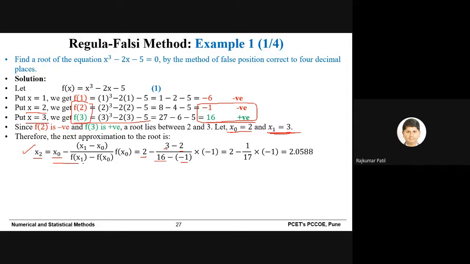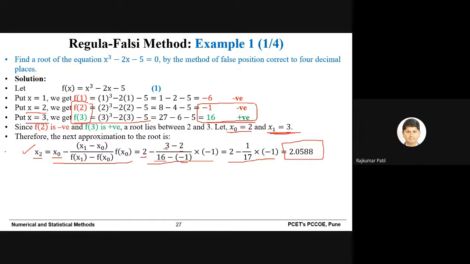Putting in all the known values and simplifying, you will get x2 equal to 2.0588. This is your next approximation, or the first approximation by the regula falsi method.